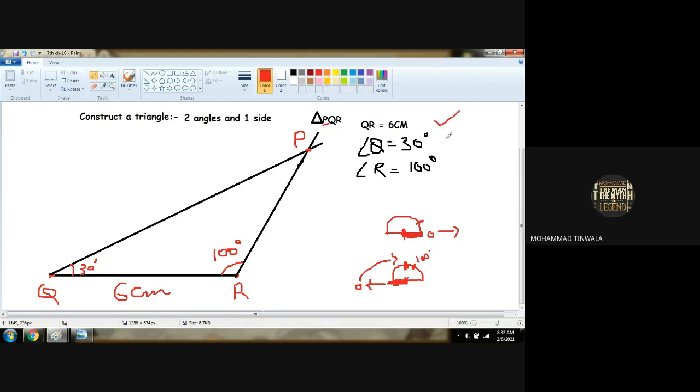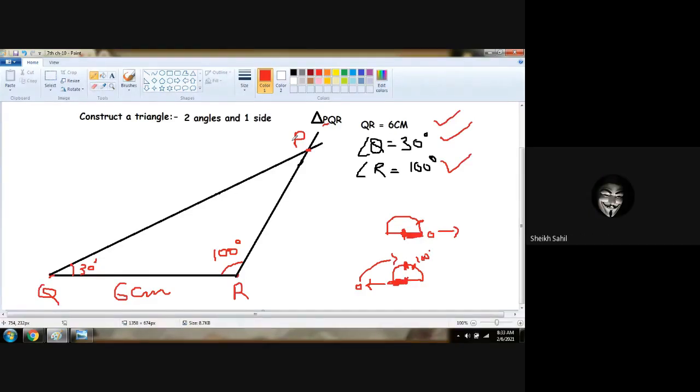This criteria is fulfilled, this is fulfilled, and this is fulfilled. And we gave this intersecting point name as point P. Anybody has any doubt with this? No.